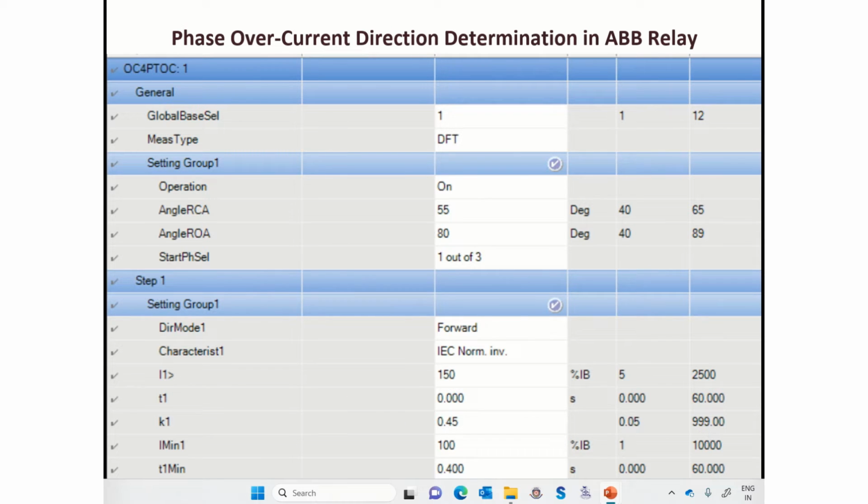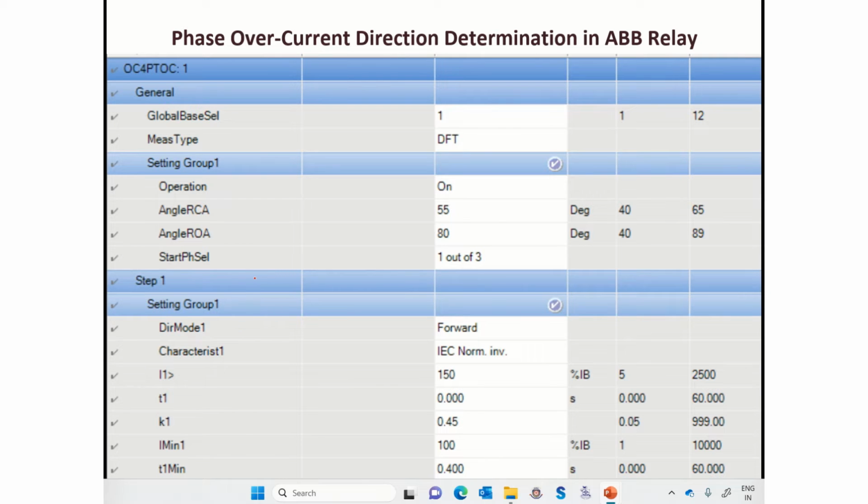These settings depend upon the utilities' calculations and other parameters like source impedance, line impedance, and other things. We are not going into the details of how to calculate the TMS or the pickup settings. We are just saying that this is the setting of one of the utilities, and we have to determine the operating angle or operating region.